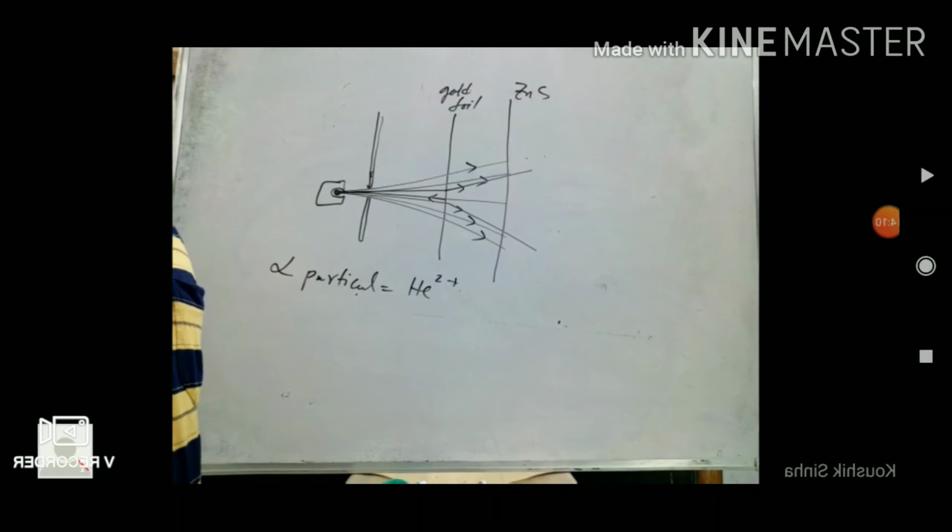Around the nucleus, electrons rotate in a circular path. Most of the mass and all the positive charge of the atom is concentrated in the nucleus, and the total negative charge of all the electrons is equal to the total positive charge of the nucleus.